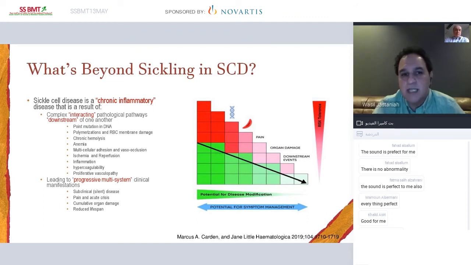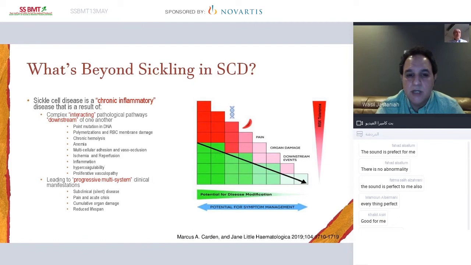So sickle cell disease can be defined as a chronic inflammatory disease that is a result of complex interacting pathological pathways that are downstream of one another, starting with a point mutation in a DNA that leads to polymerization and red blood cell membrane damage that leads to chronic hemolysis, anemia, multicellular adhesion and vasoocclusion, ischemia and reperfusion leading to inflammation, hypercoagulability, and proliferative vasculopathy.